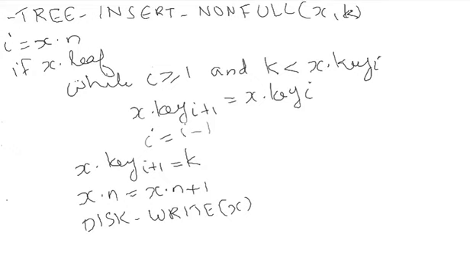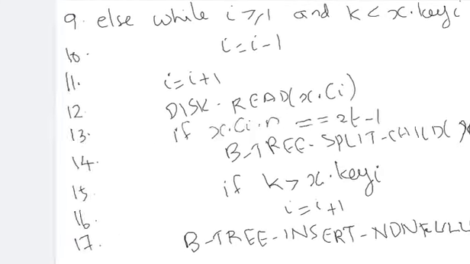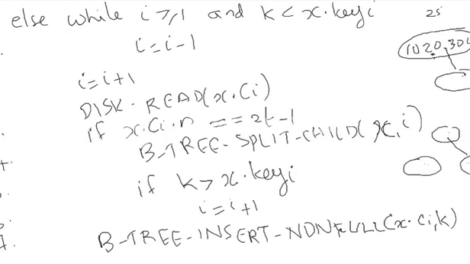Then we will check whether the child is again a full node. If it is a full node, then we will invoke B tree split child on that. After split child operation, we will get two nodes now. So, we do not know whether to the first node or to the second node we need to insert the key.